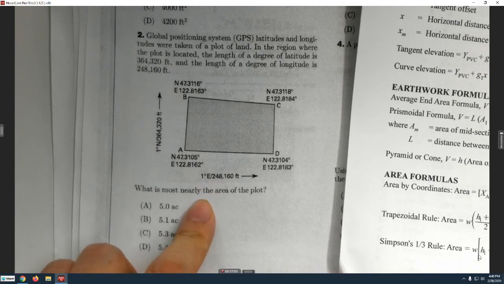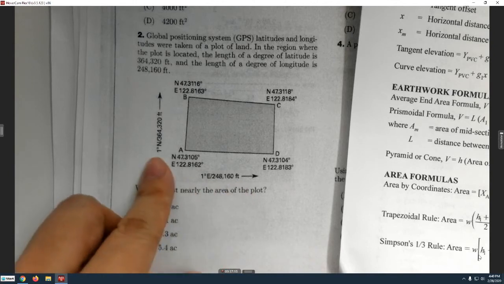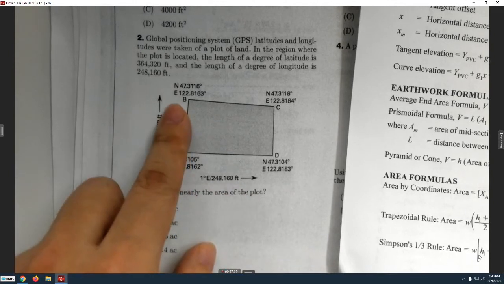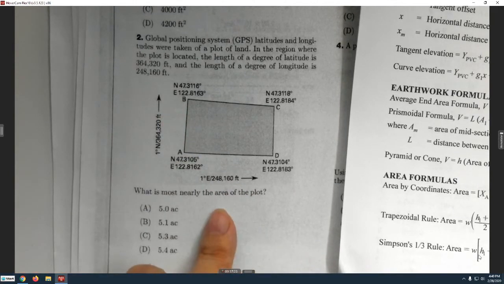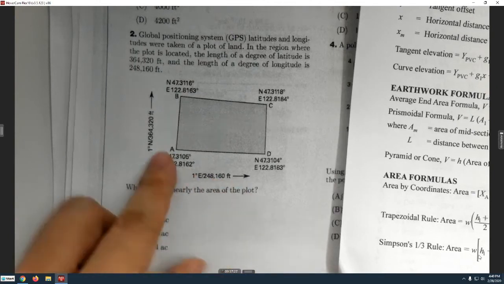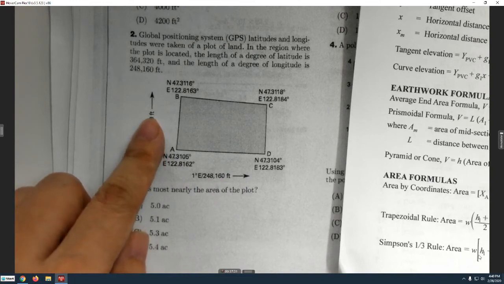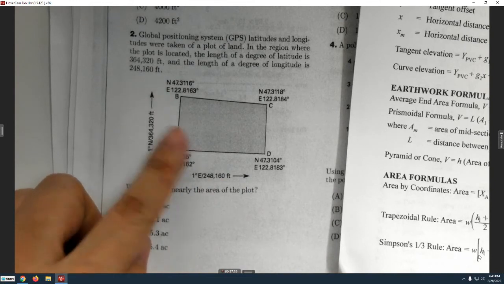Okay, because we're doing the degree ones. You see this has already given, in this case, each degree in this direction is this many feet. Each degree here is this many feet. So using the degree value you just calculated, multiply by 248160, and then multiply by 364320, and you're going to get the square feet.